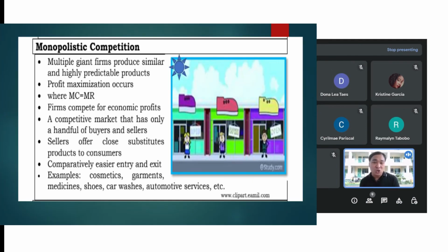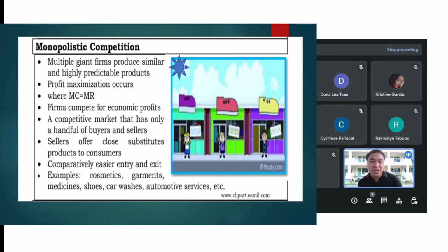So monopolistic competition, multiple large firms produce similar and highly predictable products. So profit maximization occurs. So firms compete with economic profit. In a competitive market, there is only a handful of buyers and sellers. Examples of which are cosmetics, garments, medicines, shoes, or car wash, etc.